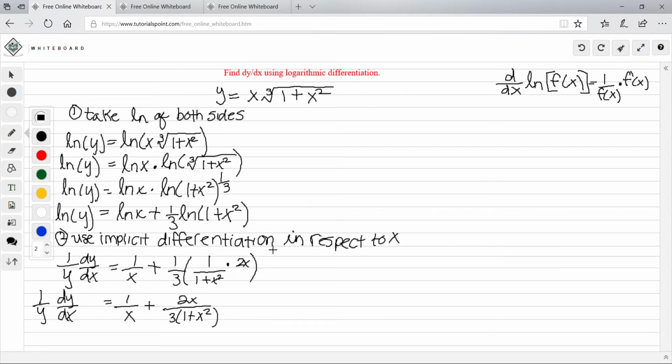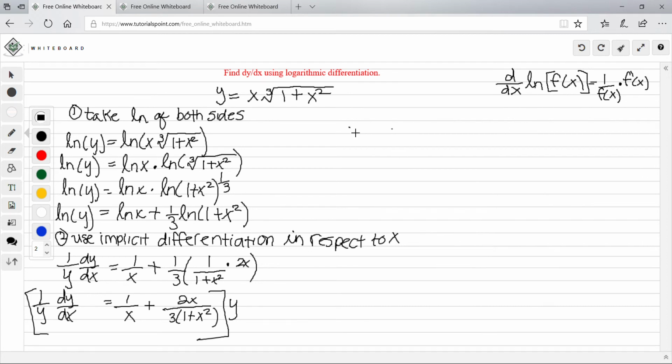And then we want to find dy/dx, so we're going to multiply everything by y. If we multiply everything by y, we get dy/dx, which is what we want.